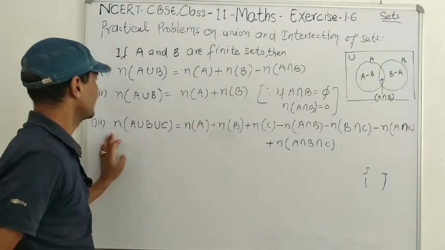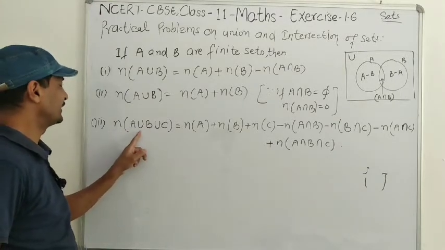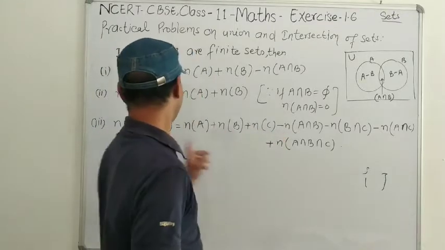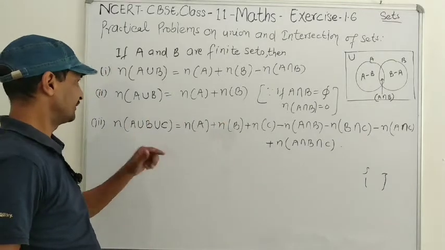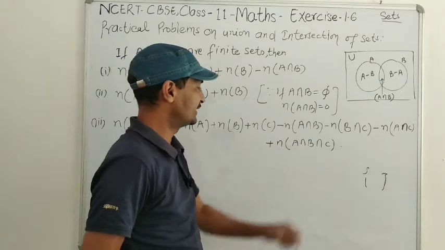Now third, if there are three sets A, B and C, the number of elements in A union B union C equals n(A) plus n(B) plus n(C) minus n(A intersection B) minus n(B intersection C) minus n(A intersection C) plus n(A intersection B intersection C).